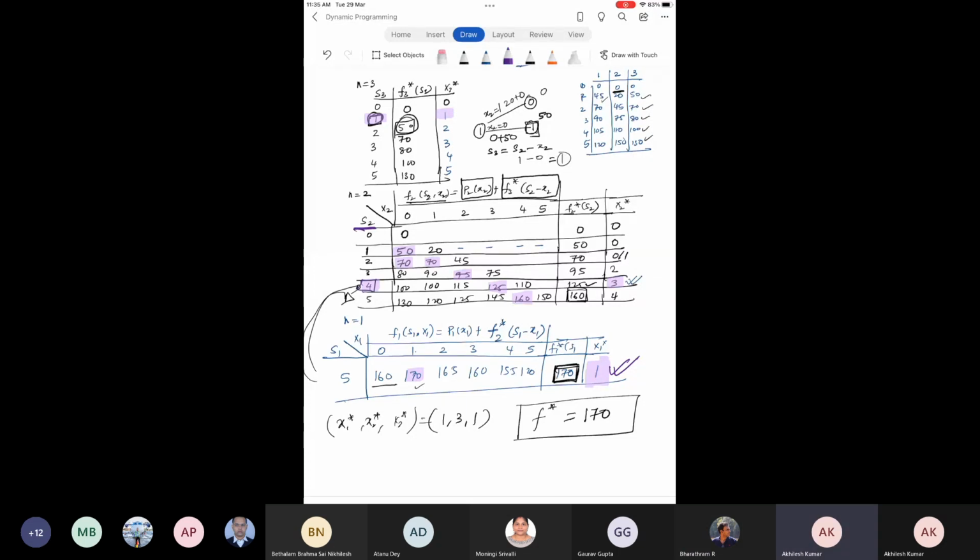So 5 minus 1, 4. I will be in this stage. If I'm in this stage, this is the optimal decision, X2 star equals 3. If this is 3, I know the definition of S3, which is S2 minus x2. So my 4 minus 3 is 1. So from here, I will come to this one. And the optimal decision for this one is 1. Okay. Make sense?